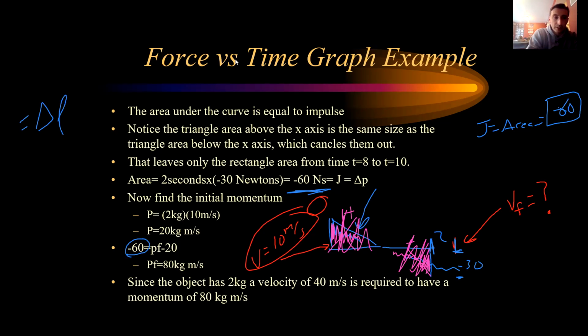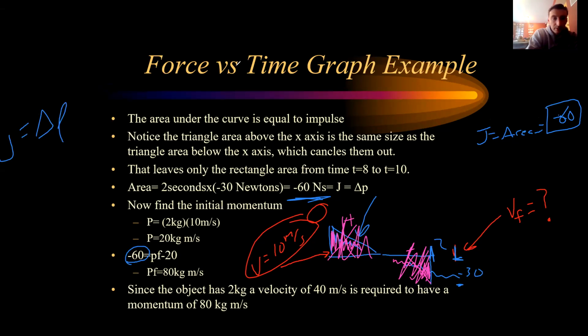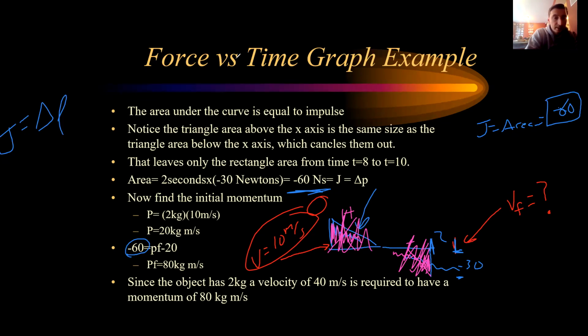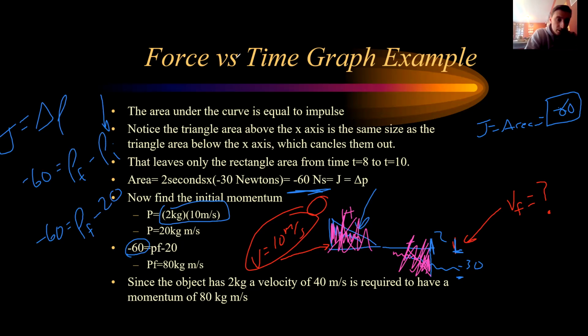So I wrote that, I just did it wrong. J is negative 60. And I do momentum final minus momentum initial. The initial momentum had a velocity of 10, so the initial momentum was 20. So I get negative 60 equals momentum final minus 20.